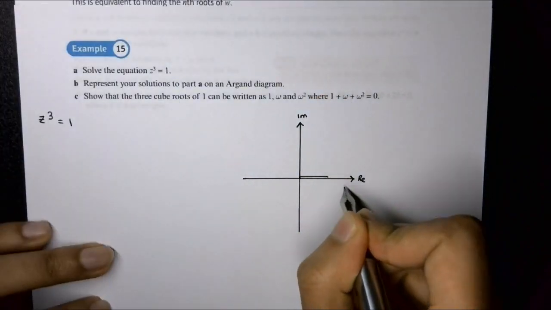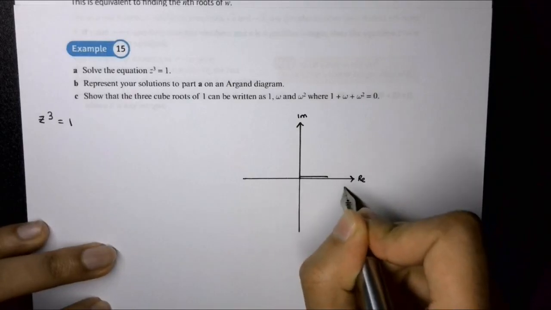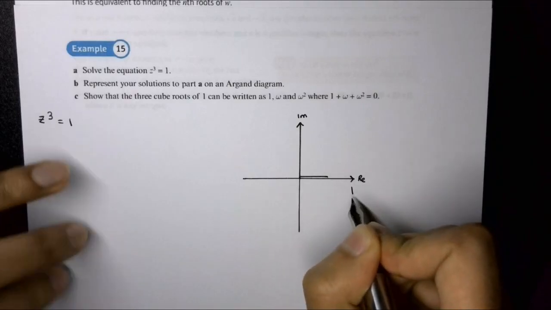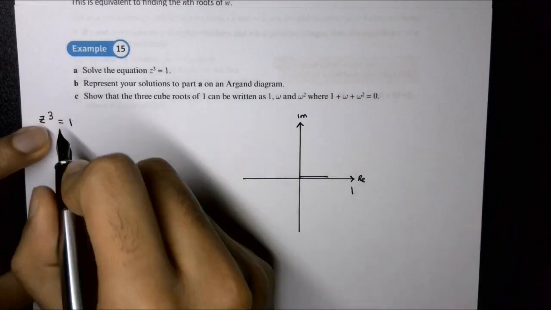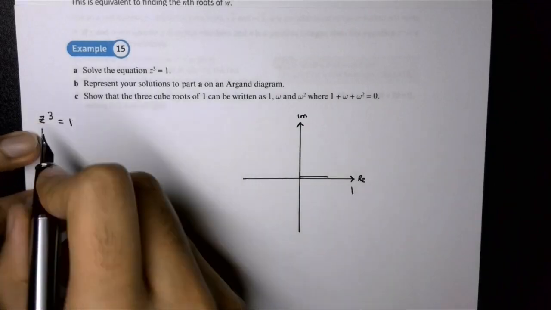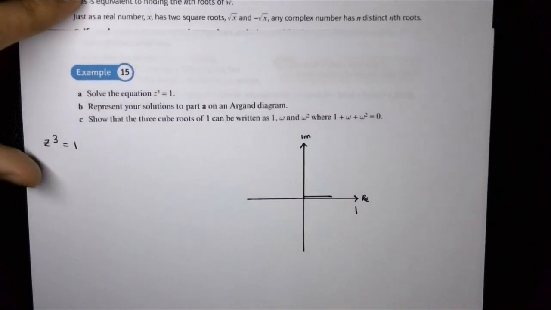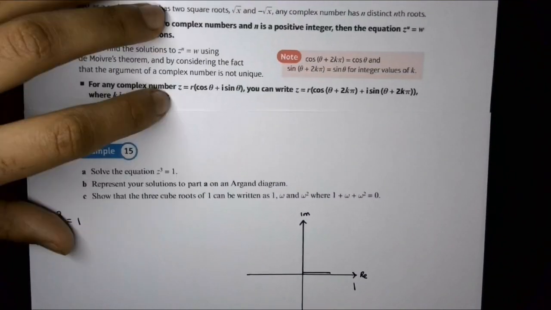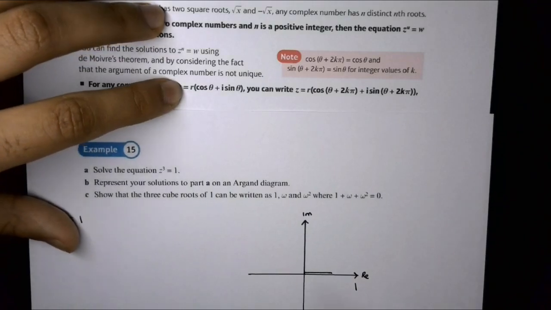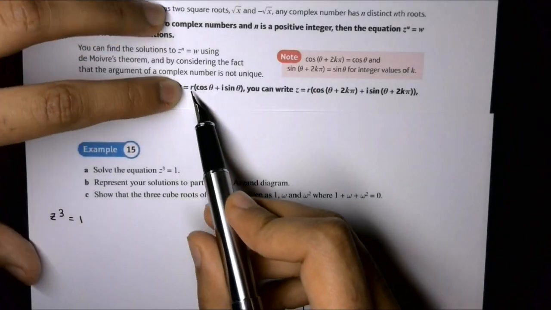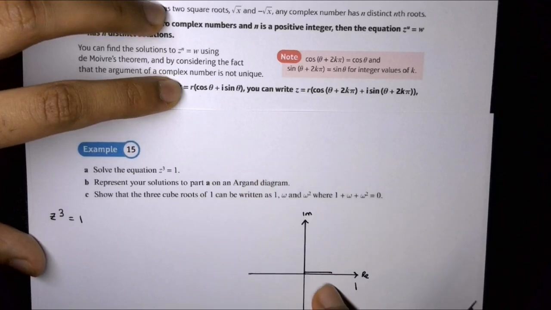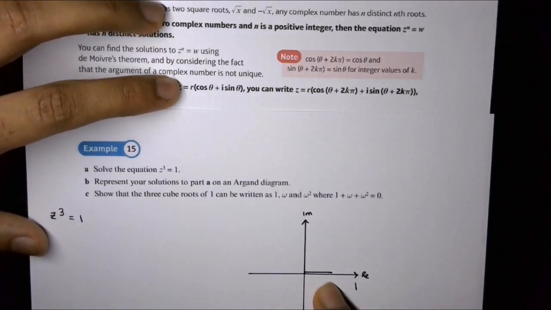So we've got the 1 over here, and of course if we solve this equation, first of all what we need to do is express z in mod arg form, and you can see the modulus of z is equal to 1, and that's shown in this diagram here.